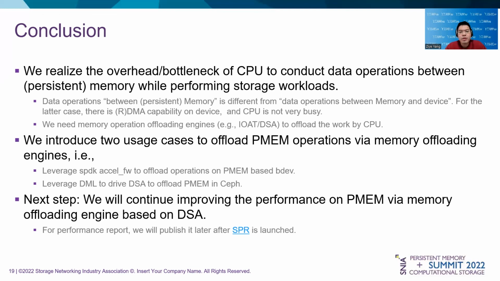And we can see some performance improvement. And we also introduce our work on how to use the data mover library to drive DSA on persistent memory in Ceph's CrimsonStore.